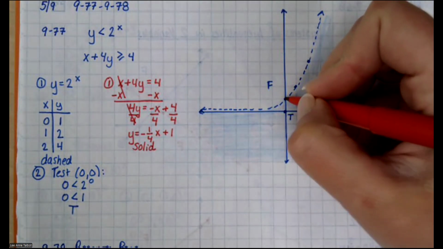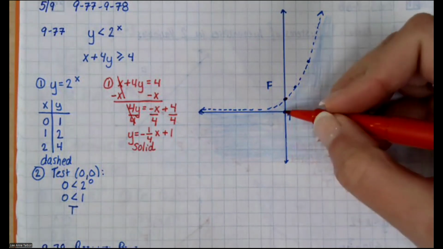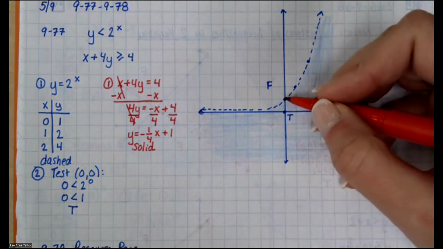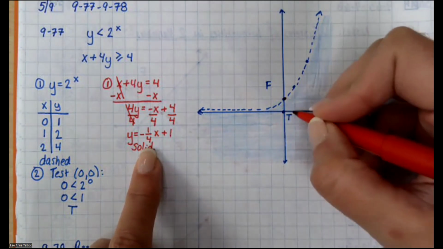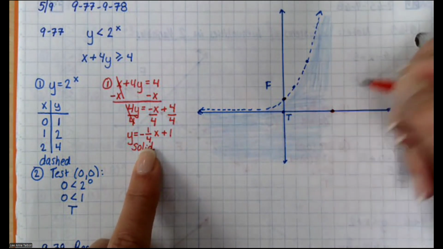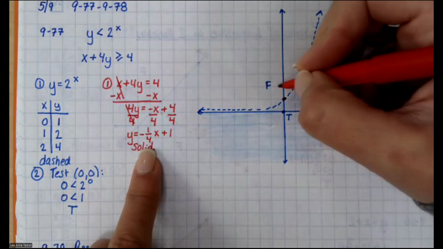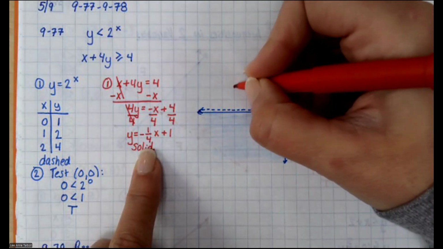Okay, so up one, and my pen's gonna be really mad because I'm writing red over top the blue. And then the slope of -1/4, so you go down 1/4. And then I'm gonna go up one, back 4.